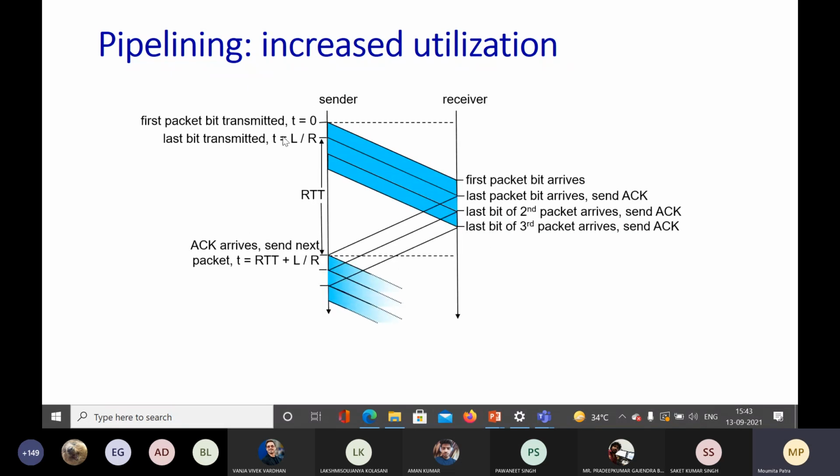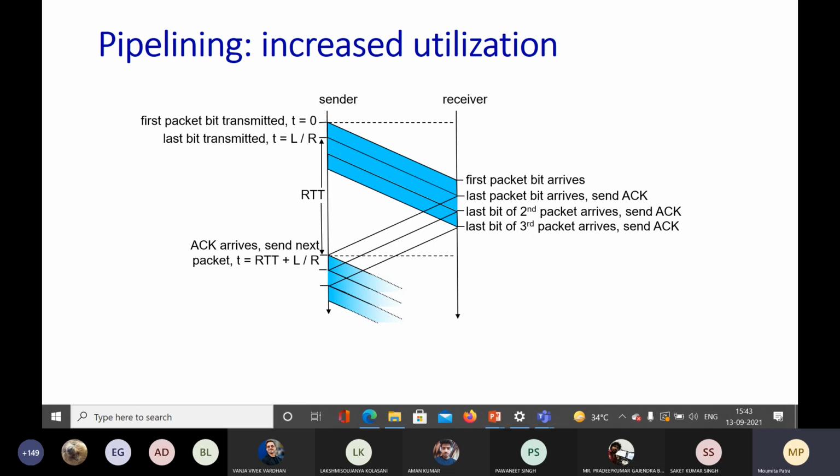As we had seen, the first bit is transmitted at time t equals 0, and the last bit of the packet is transmitted after its transmission delay, L by R. Now let us suppose that 3 packets can be transferred at a time.